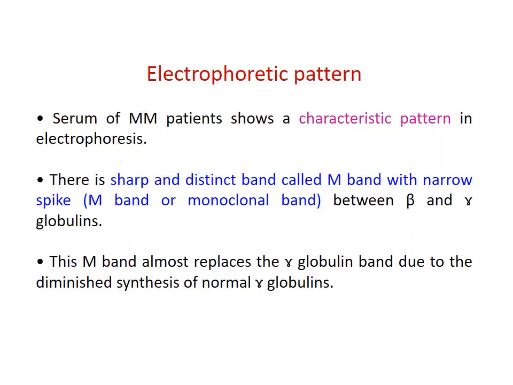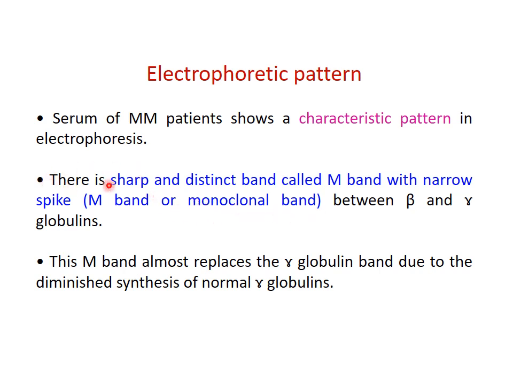Now, our concern is the electrophoretic pattern, which is very much diagnostic of multiple myeloma. In multiple myeloma, the characteristic pattern is the presence of a sharp and distinct band called the M band with a narrow spike. This M doesn't mean IgM. Remember that. Don't take it as IgM. This M means monoclonal band or multiple myeloma band.